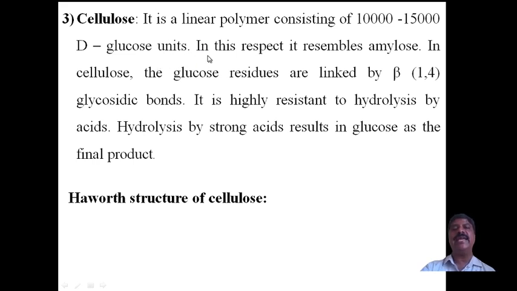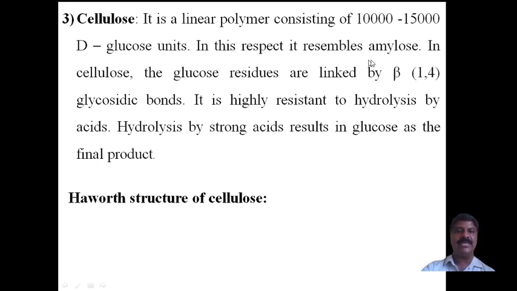Therefore, this is again similar to amylose. Cellulose is a linear polymer consisting of n equal to 10,000 to 15,000 glucose units. In this respect, it resembles amylose.